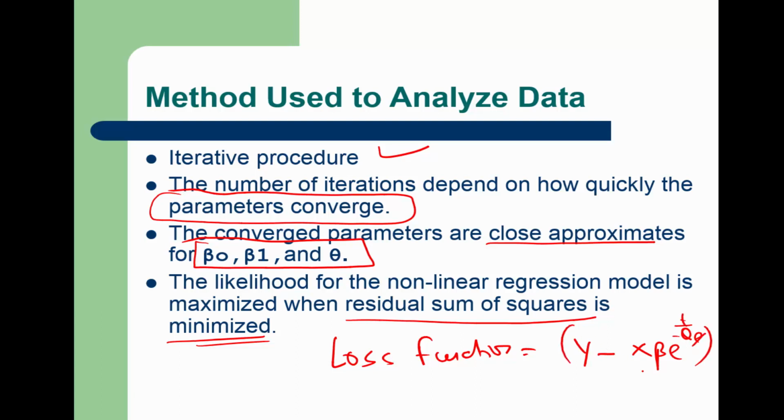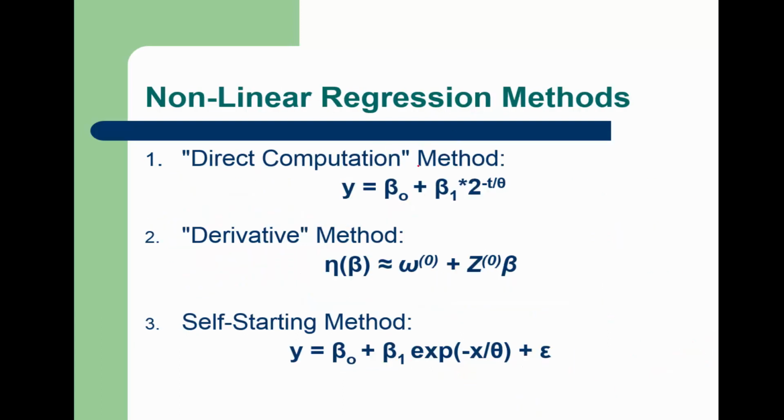That's the loss function, and you can take the square of that, which gives you the residual sum of squares. So iteratively, you find the beta naught, beta 1, and theta for which the residual sum of squares, or the loss function, is minimum. That's the way you optimize the algorithm to find the parameter values.